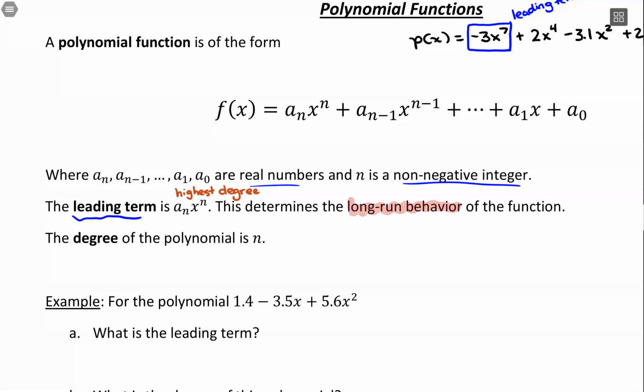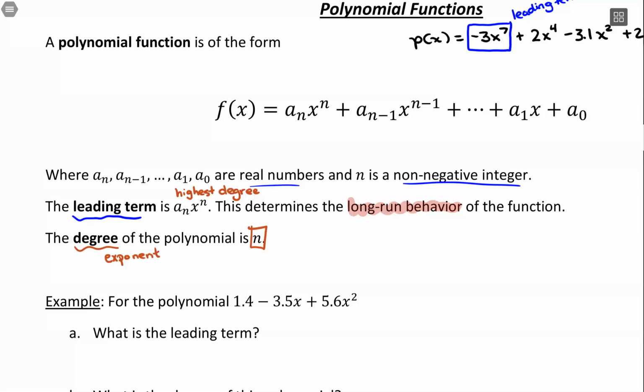We'll talk about that more when we get to graphing polynomial functions, but this leading term is going to be very important to identify so that we can get a general form for our graph, and especially what's happening out at infinity. The degree of the polynomial is that exponent n. So degree relates to exponent.